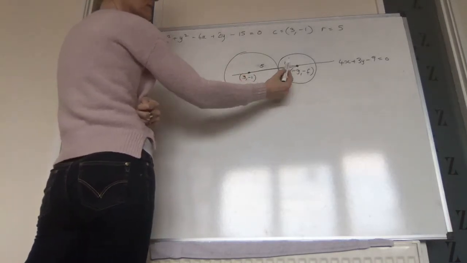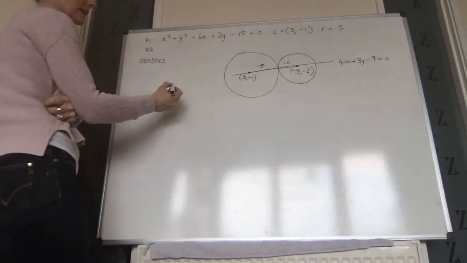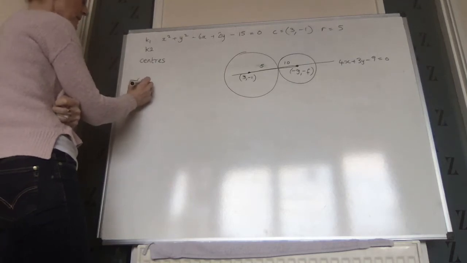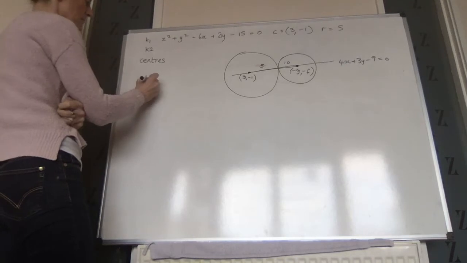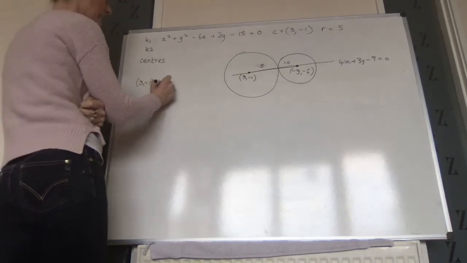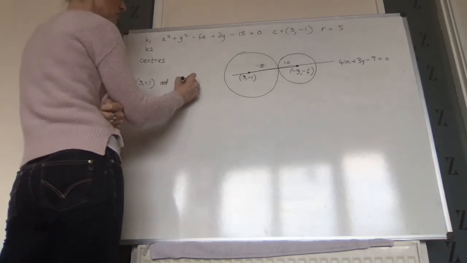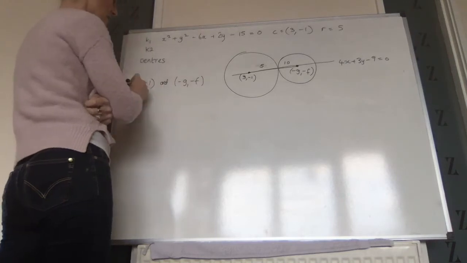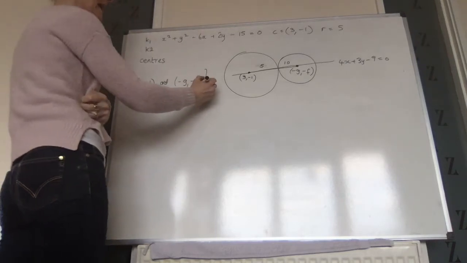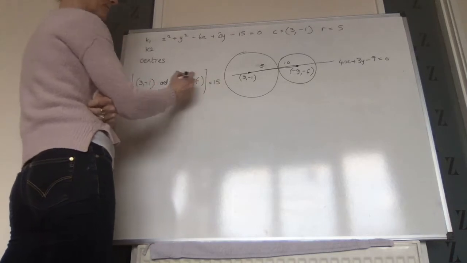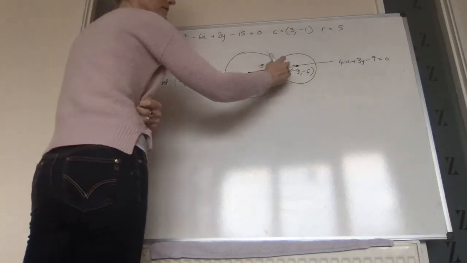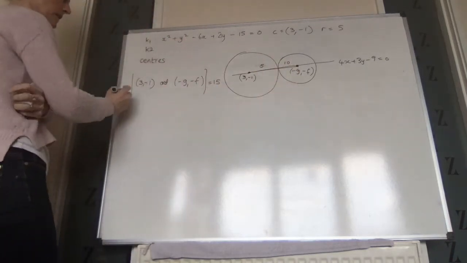You know that if two circles touch externally, that means the distance between their centers, the distance between 3, minus 1 and minus g, minus f, has to be equal to 15, the sum of the two radii, R1 plus R2.